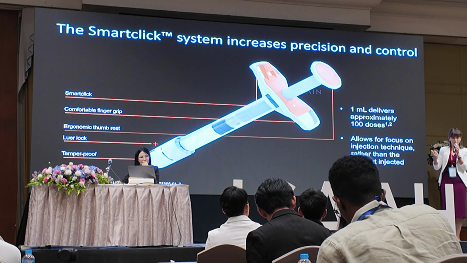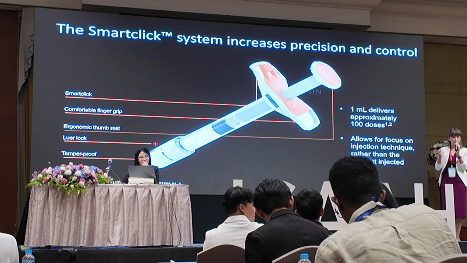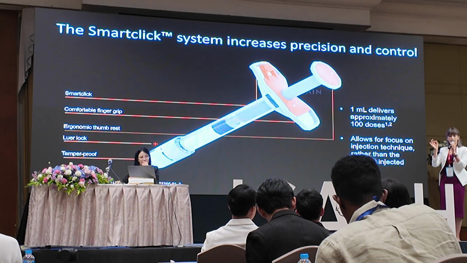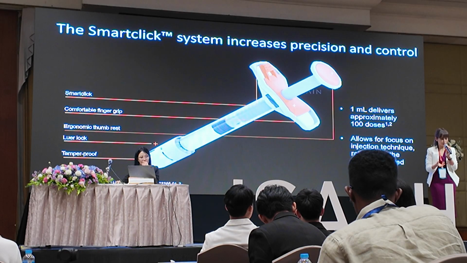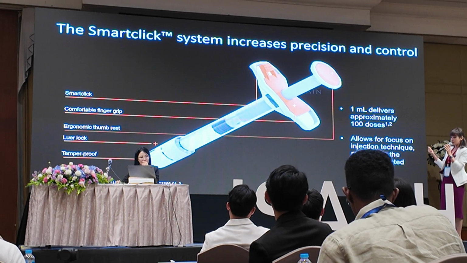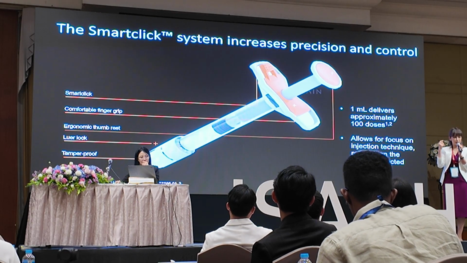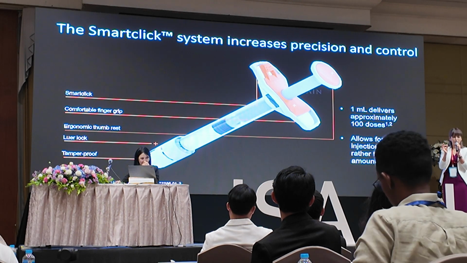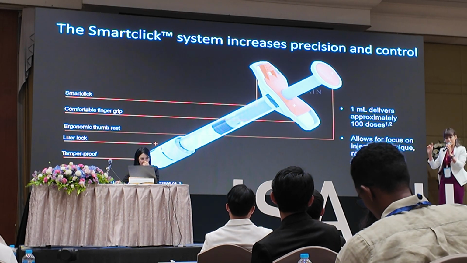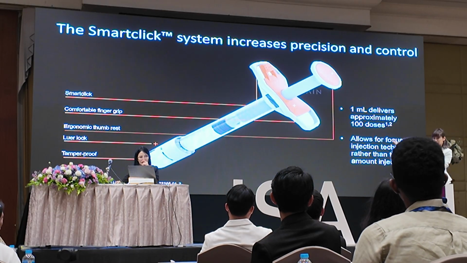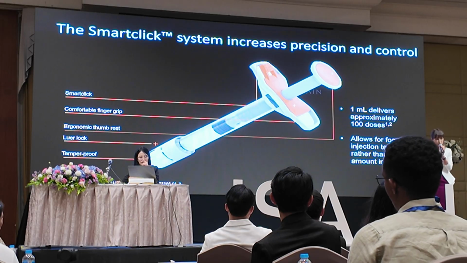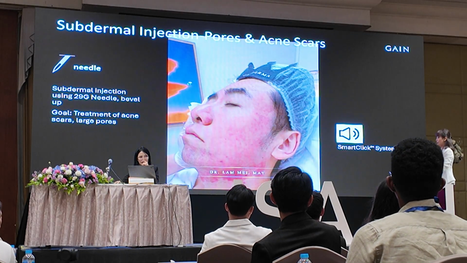One can imagine 0.01 mil is a really small amount, and we basically cannot do it manually, right? But with this smart click system, we can hear the click, and then we see, okay, this is the 0.01 mil droplet. And then theoretically, we can use a 1 mil syringe to treat 100 acne scars.